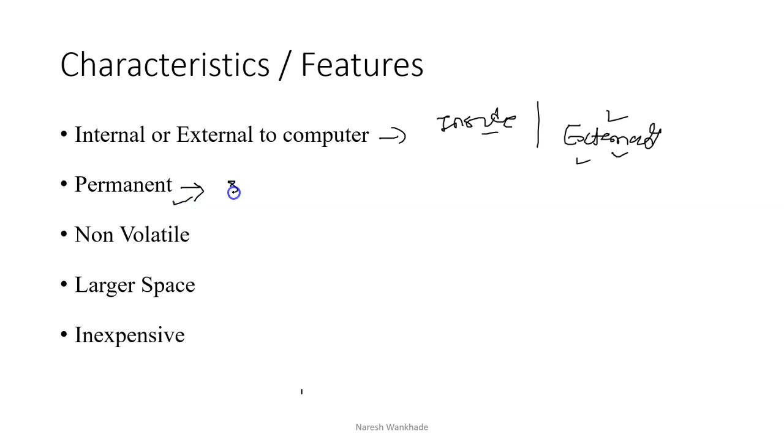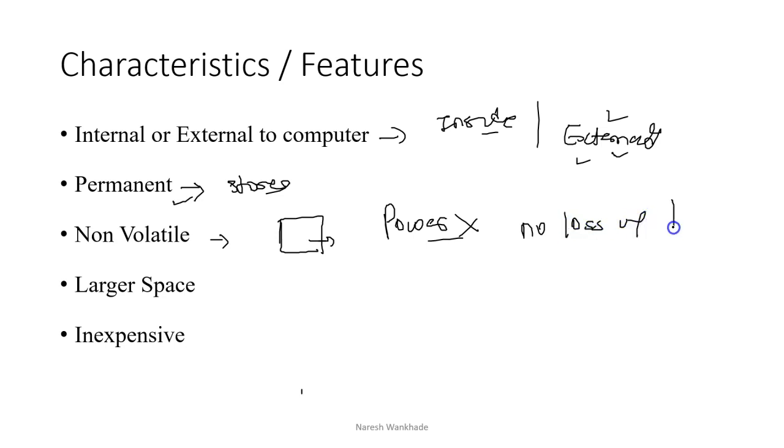It stores data permanently. The secondary memory is non-volatile in nature. Means after performing operation, you save data there in the secondary memory. So whenever there is a power interruption, in that case it doesn't affect the data. Means there is no loss of data.